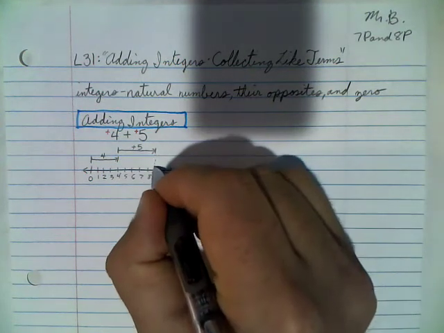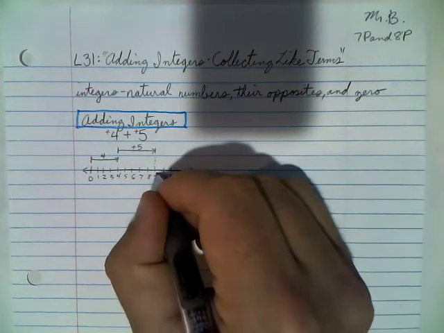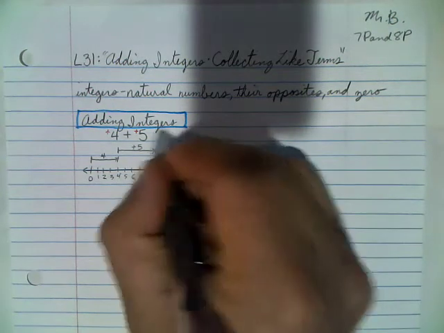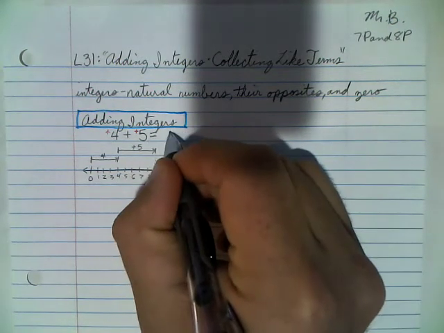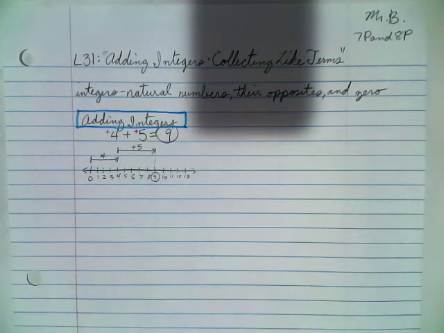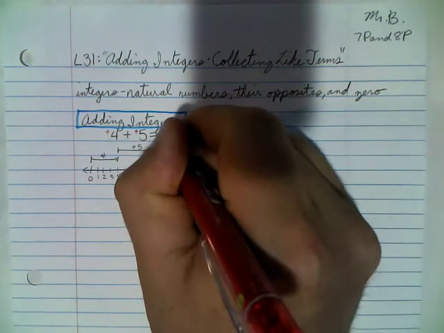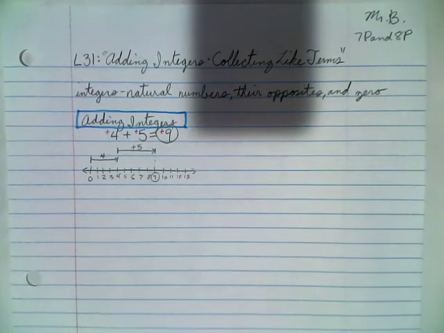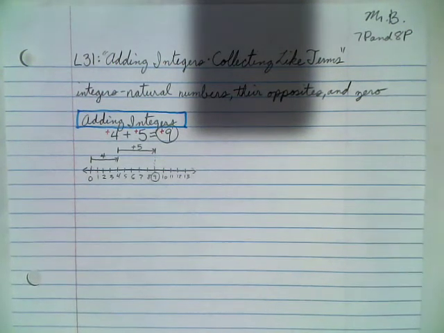So if I look at where we end, I've ended at 9, which is why 4 plus 5 is 9. Or, of course, positive 9, though we don't have to write the positive symbol. All right, that should come as no surprise.